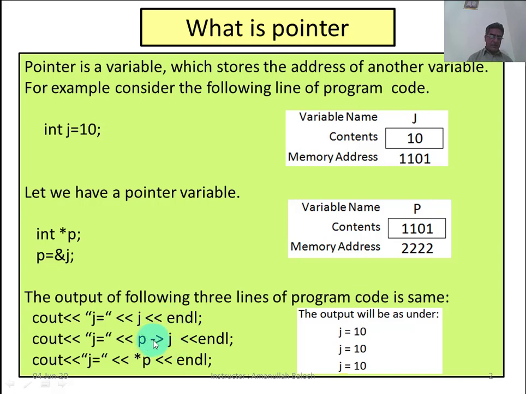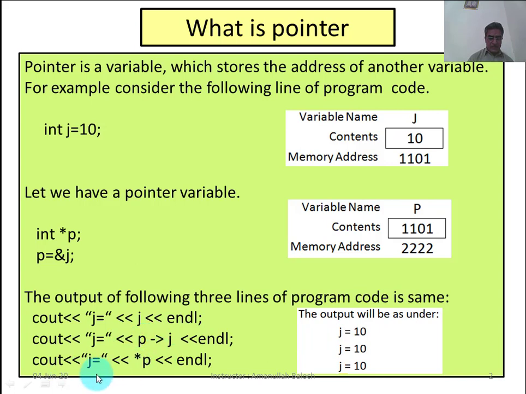It means display the value of that j whose address is stored in the location of p. So in the location of p, the address of this j is stored. So the computer will display the value of 10 here. The second line is the response of this second line of code.